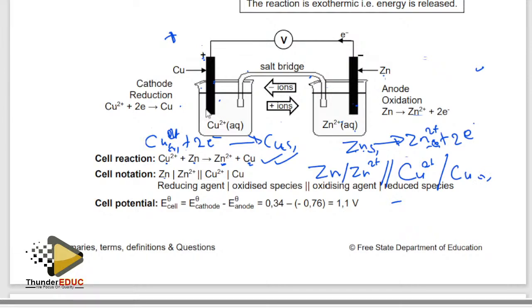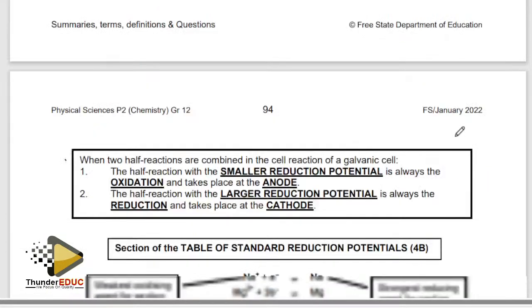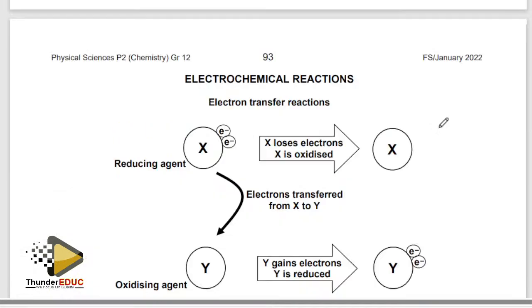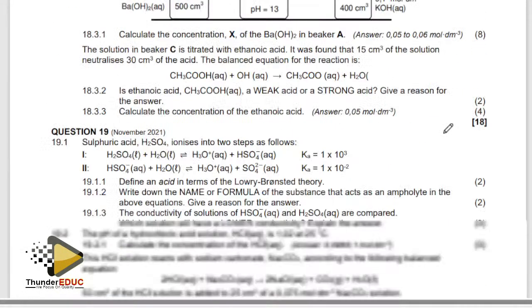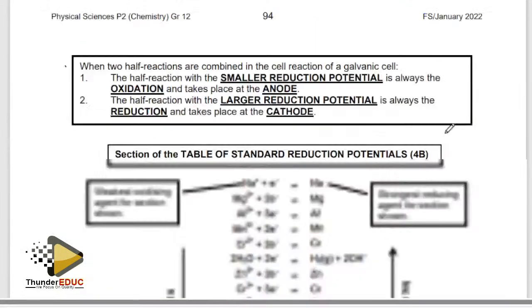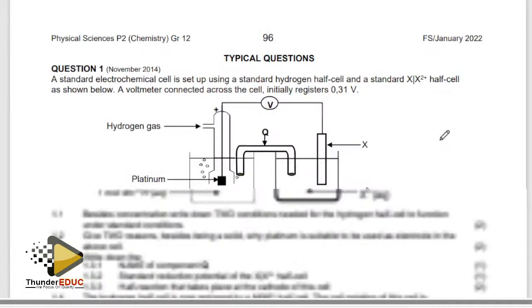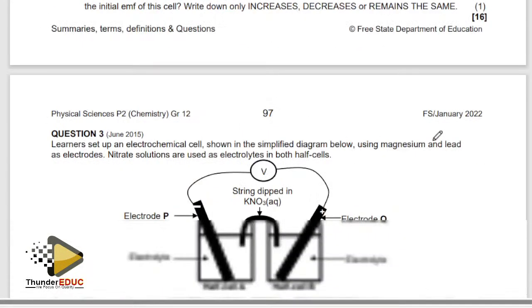But what if this was a gas? It is not a solid.